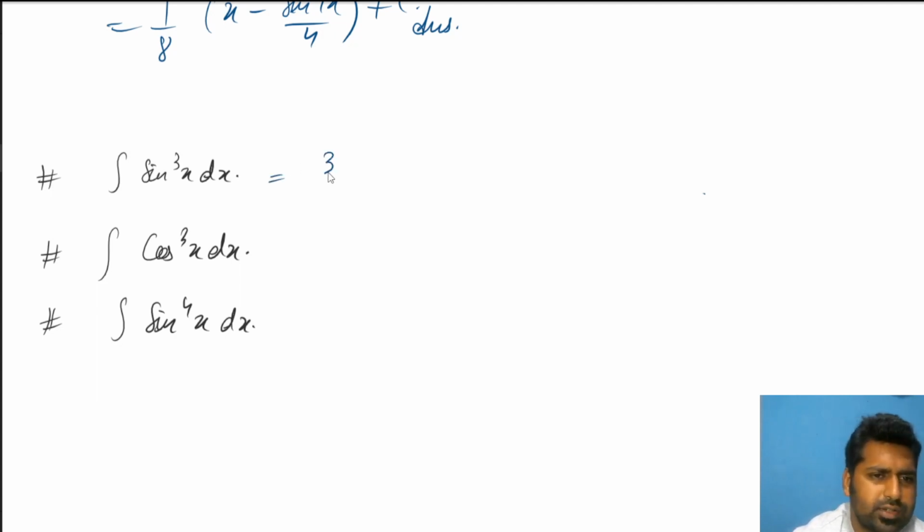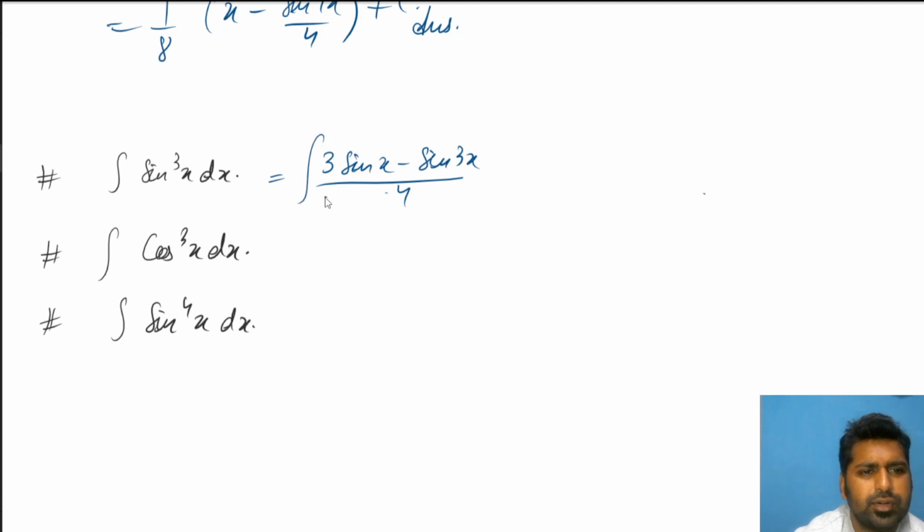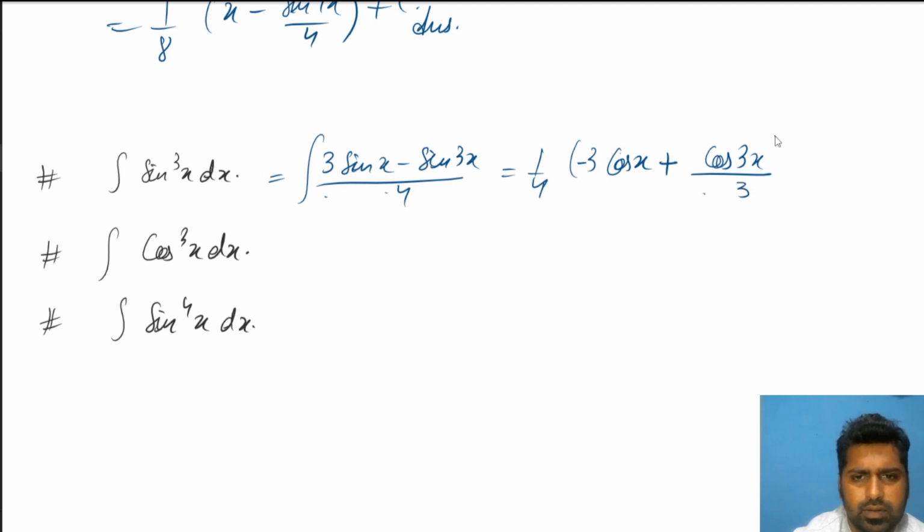So this is 3 sine x minus sine 3x upon 4, and then you have to integrate. So 1 by 4. What is the integration of 3 sine x? That's 3 minus 3 cos x, and this negative will become positive because of the integration. Sine 3x integration is cos 3x with negative upon 3, the coefficient of x, plus c, ax plus b format.